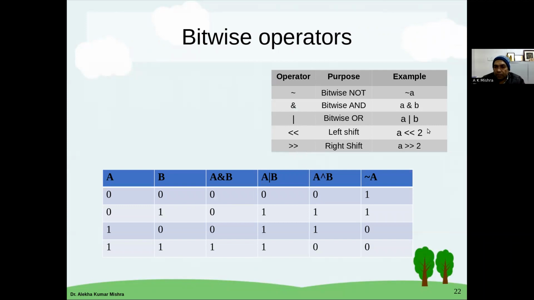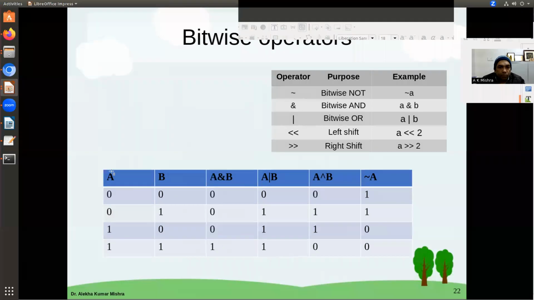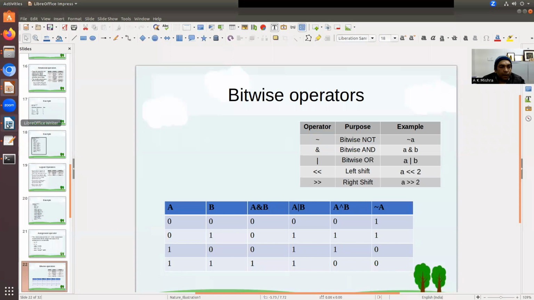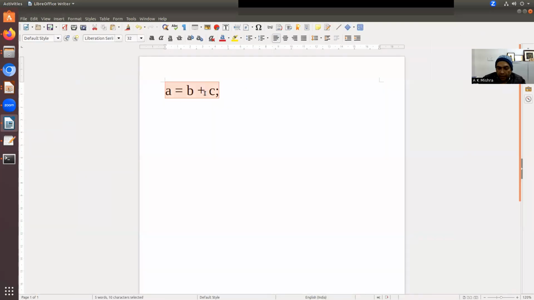Look at this example. A double less than 2 indicates that the left shift operation on the bits is performed 2 times. Let's say I have a character variable whose bit values are 1000 1100, and I am applying this left shift operation 2 times.